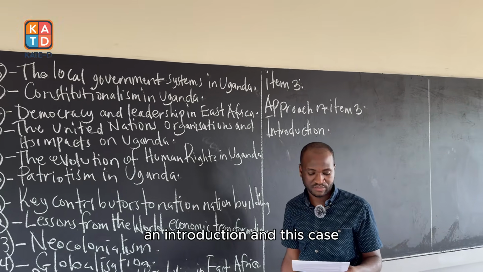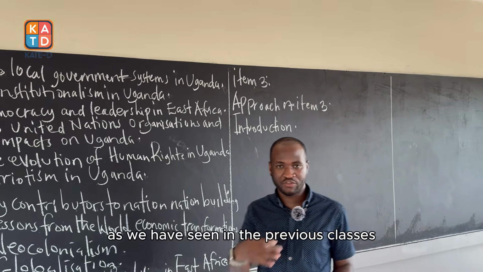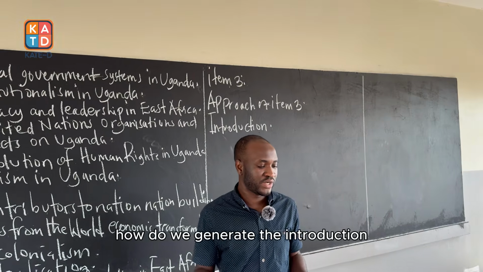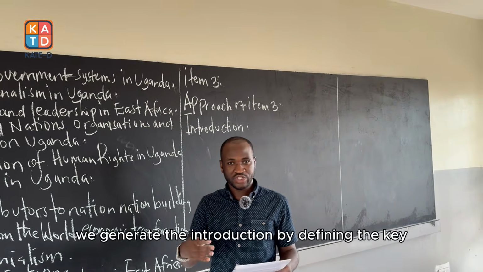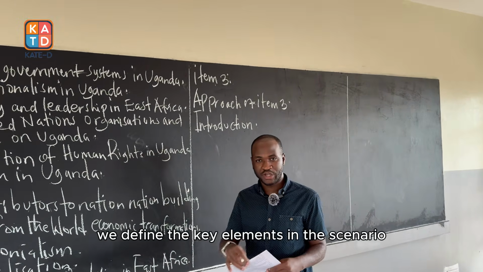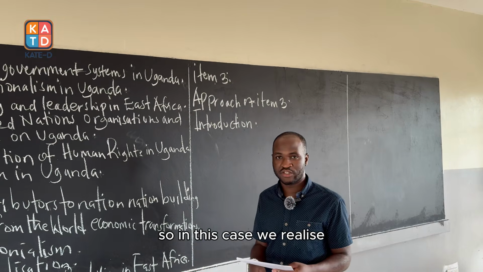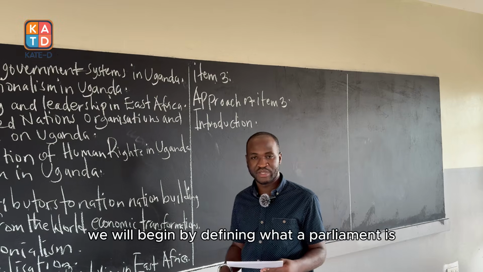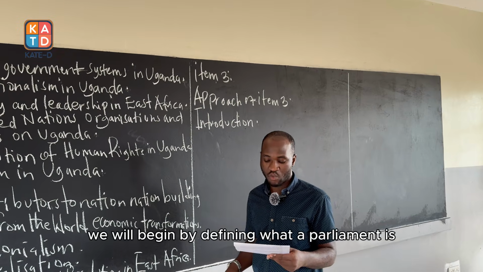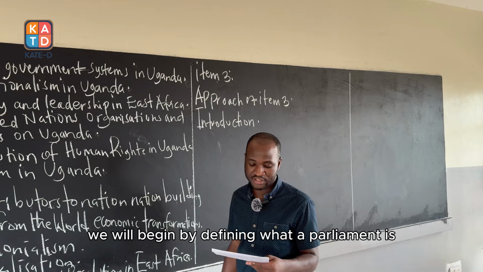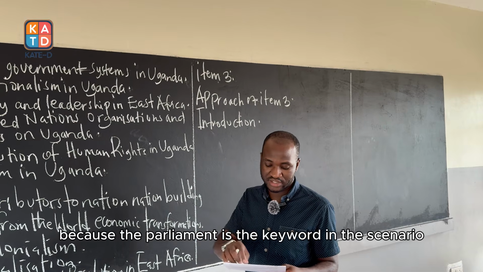How do we generate the introduction? We define the key elements in the scenario. So, in this case, we will begin by defining what a parliament is, because the parliament is the keyword in the scenario.